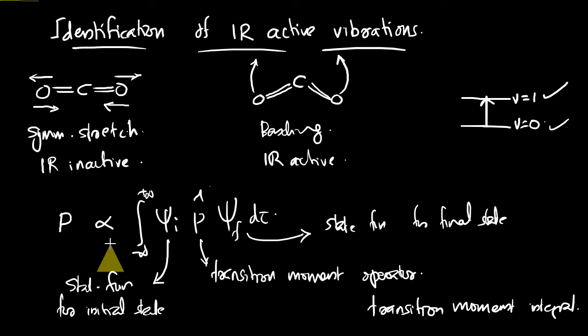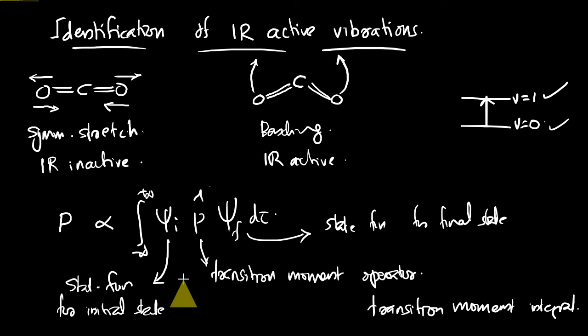So this transition moment integral can sometimes be 0. If the transition moment integral is 0, it means that there is no probability for a spectral transition. It means that it is going to be IR inactive.